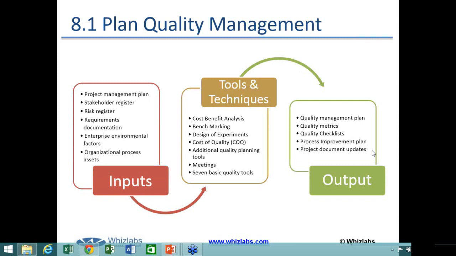Talking about the input, the first important input is the scope baseline. When I say scope baseline, it comprises three things: the project scope statement, the work breakdown structure, and the work breakdown structure dictionary.